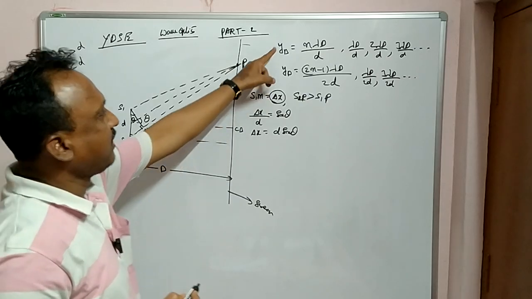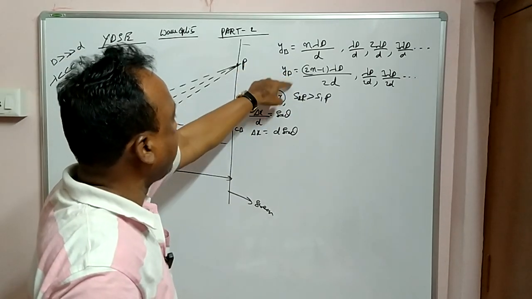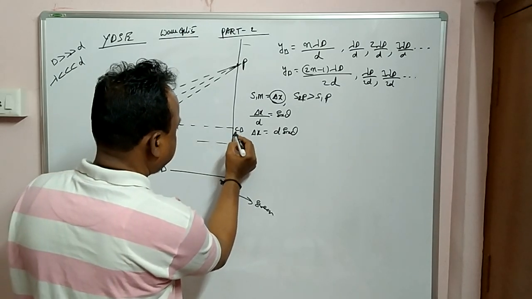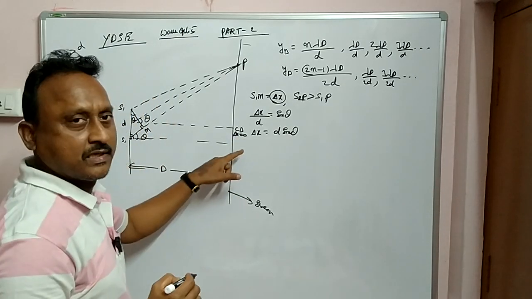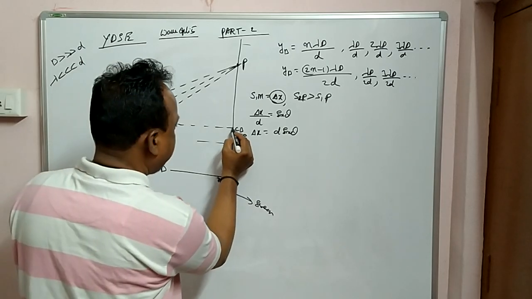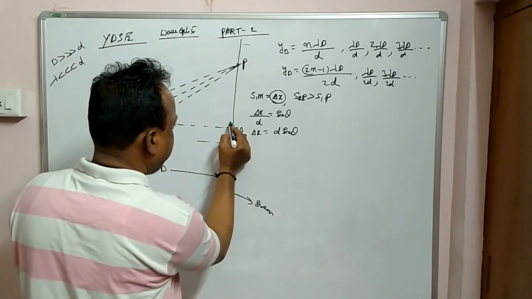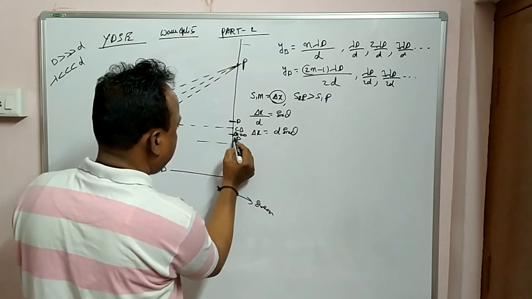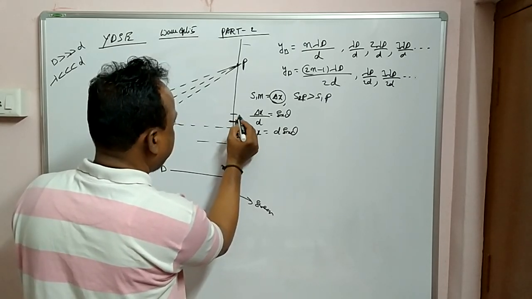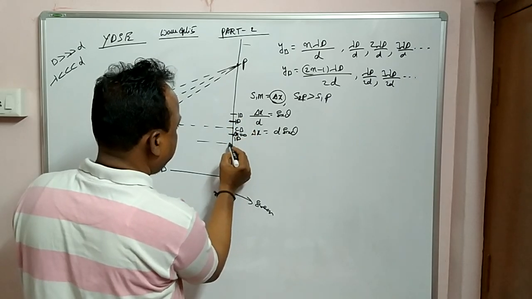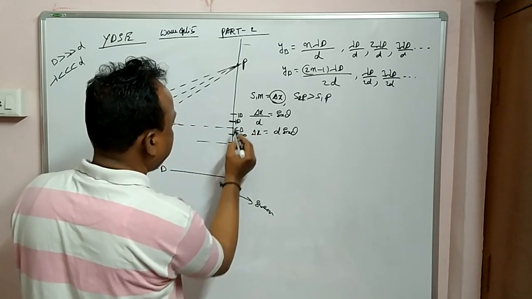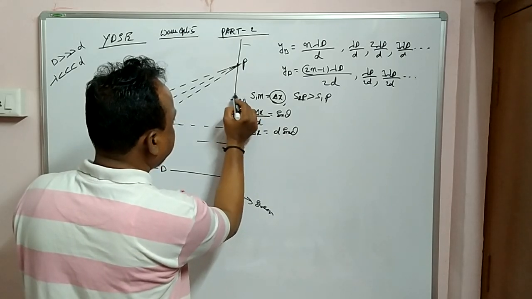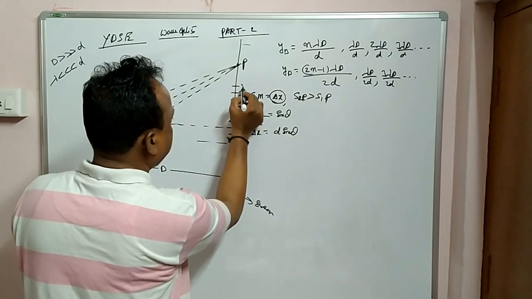Now we got different equations for nth bright and nth dark. This is the central one, that means here delta x is equal to 0. So here the central bright is formed. Then after that, bright, then dark, first dark, then again bright, first bright, again second dark, second bright, third dark, third bright.